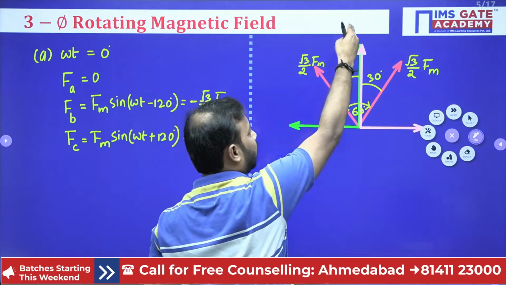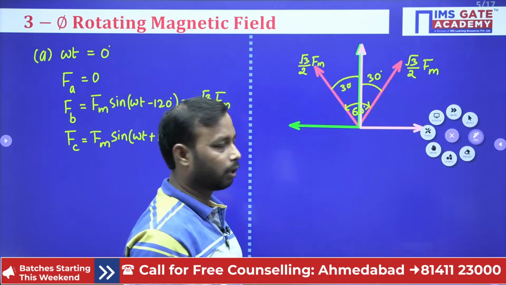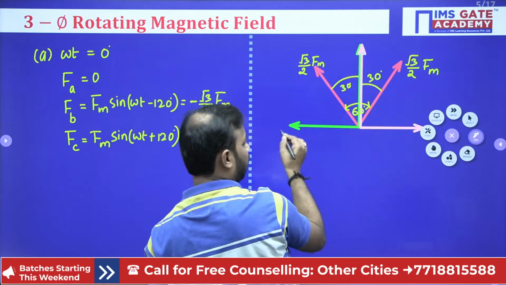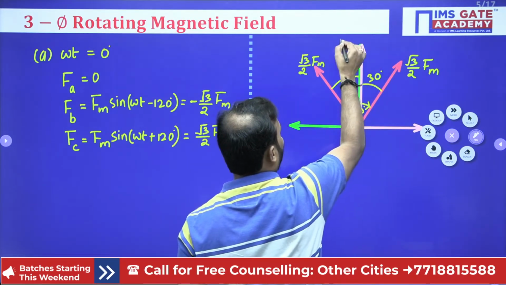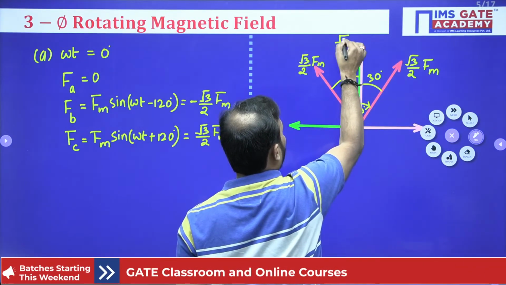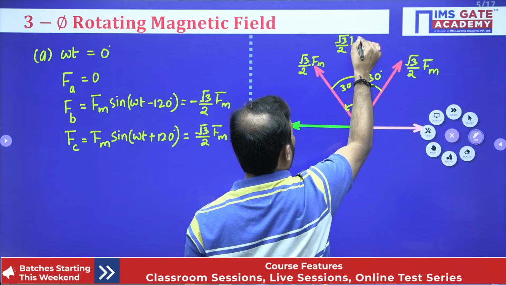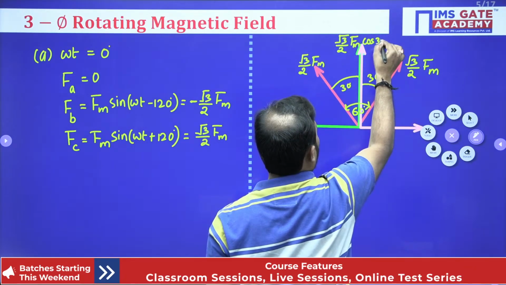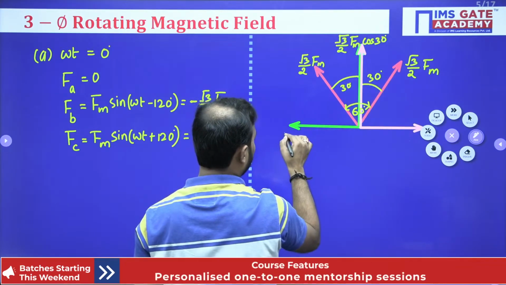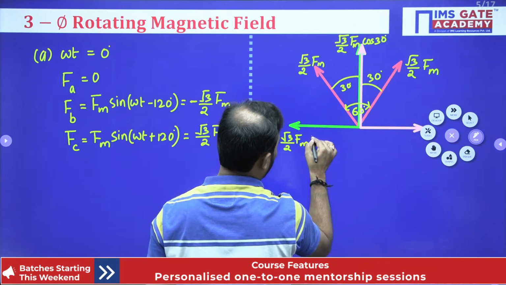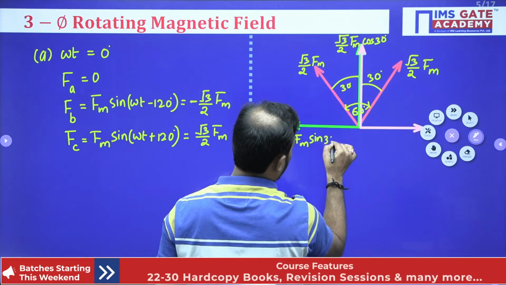Now for this vector, root 3 by 2 FM, we have two components, one vertical and another one horizontal. So if this is 30 degree, this green component will become root 3 by 2 FM cos 30 degree, isn't it? And this will be root 3 by 2 FM sin 30 degree.